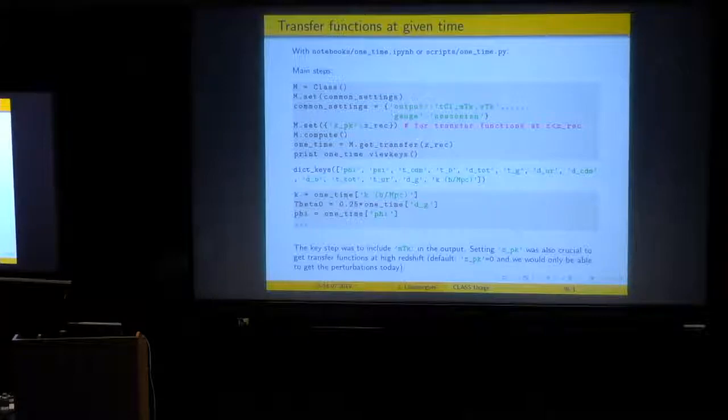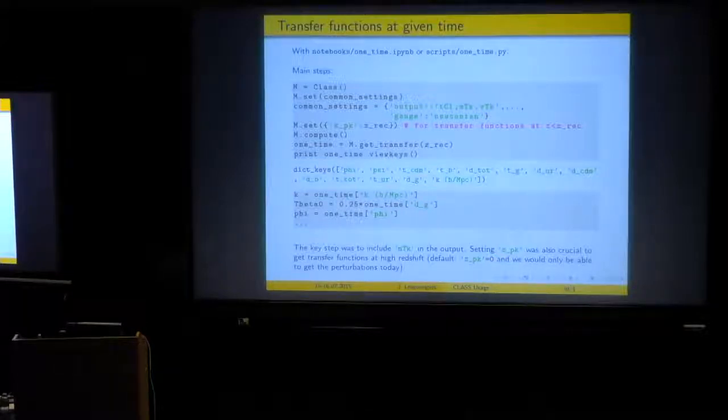get_transfer takes an argument which is a redshift, and so one_time will store all the transfer functions of all the species at the time corresponding to recombination. I forgot the syntax for this, so I do a .keys or .viewkeys, and I get a list of everything the code has stored.